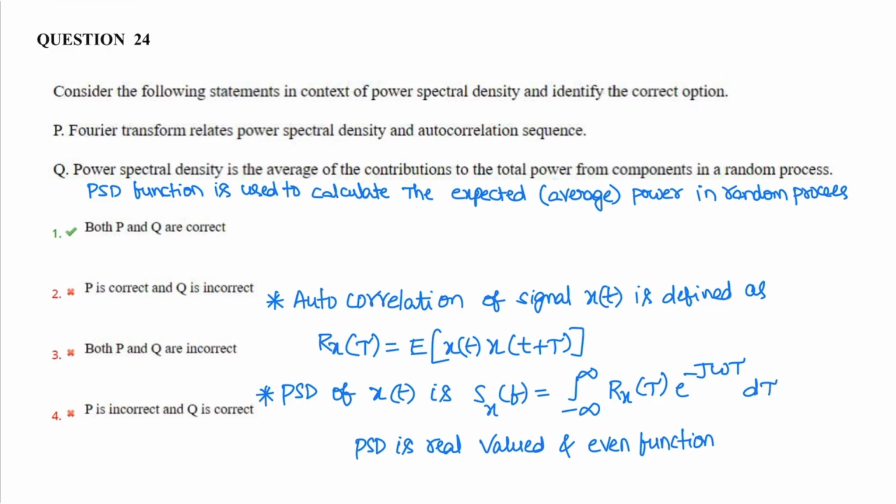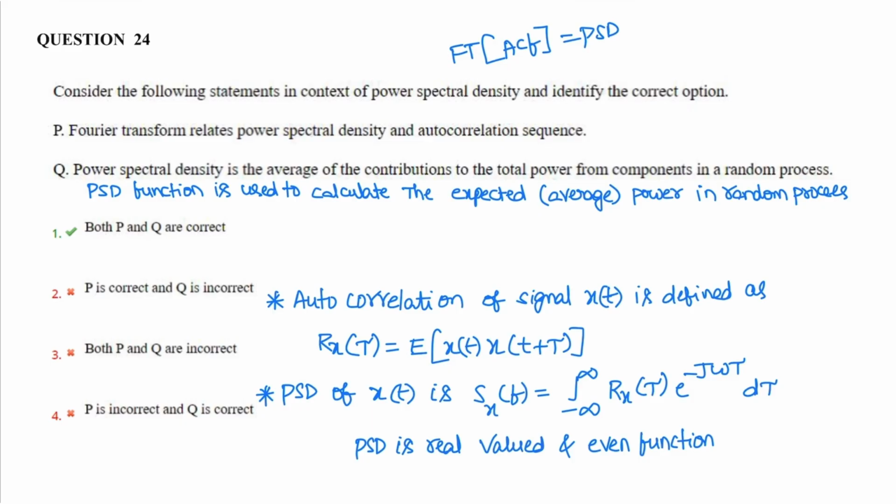Next, relation between power spectral density and autocorrelation sequence. The Fourier transform of the autocorrelation function is the power spectral density. The autocorrelation function of a signal is defined as Rx of tau equals expectation of x of t times x of t plus tau.